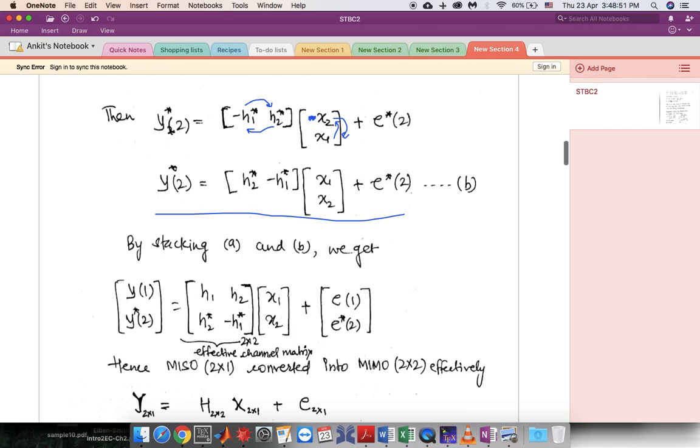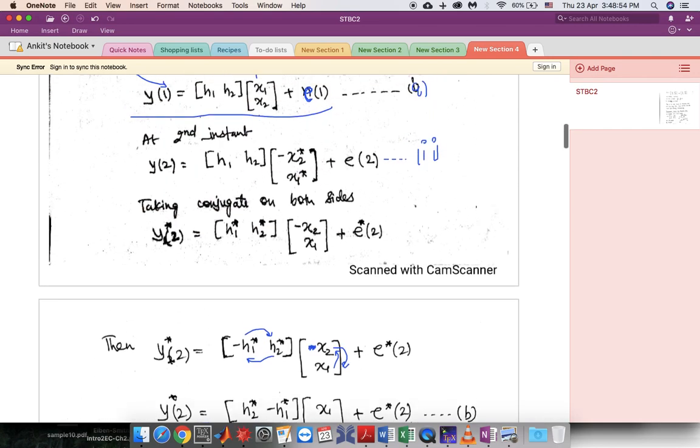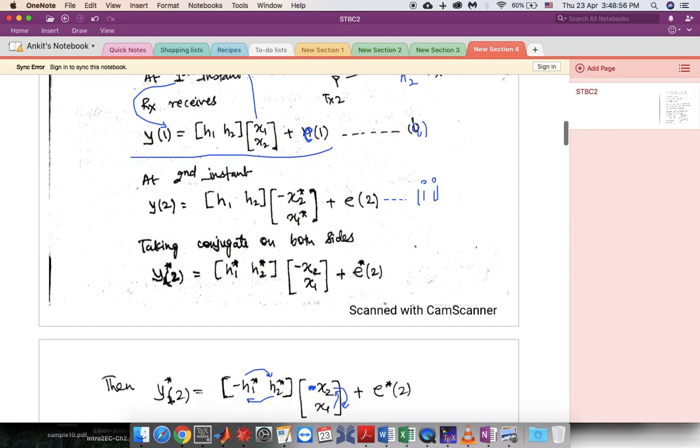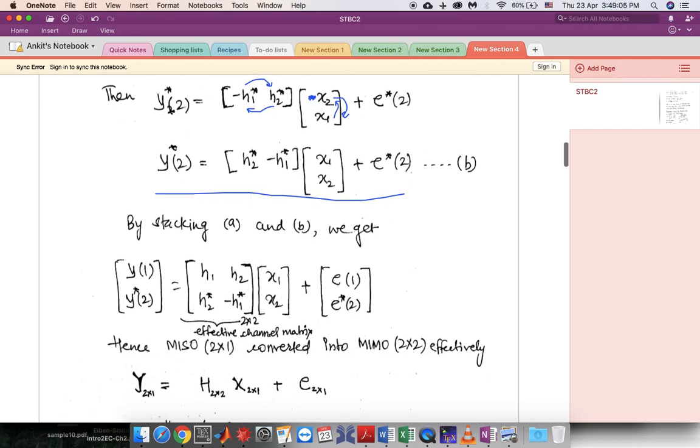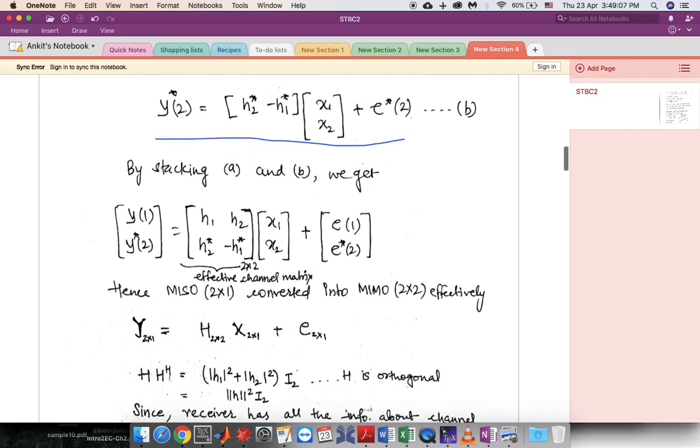And x1 and x2 are common here, plus e1 and e2 conjugate, where e is nothing but additive white Gaussian noise, right? So this H matrix is known as the effective channel matrix, which is of dimension 2 cross 2. It means our 2 cross 1 MISO system is virtually converted into a 2 cross 2 MIMO system, right?